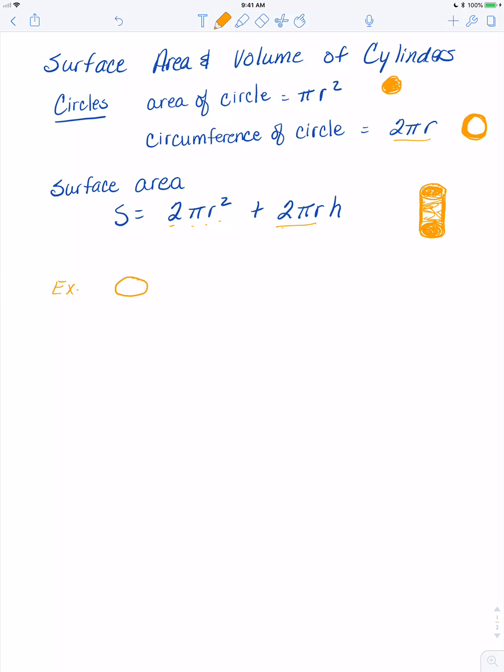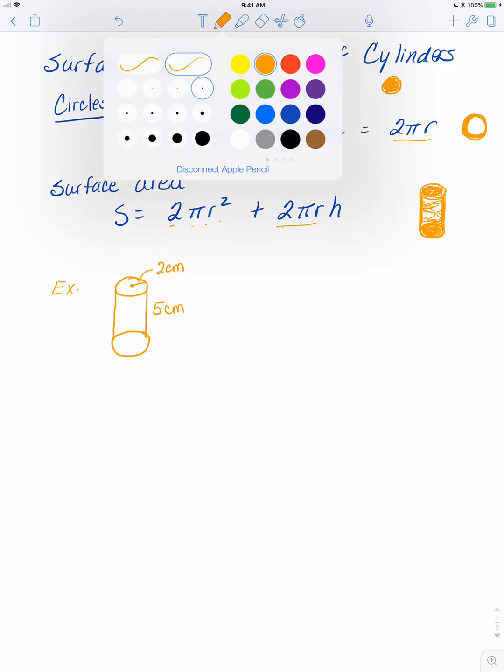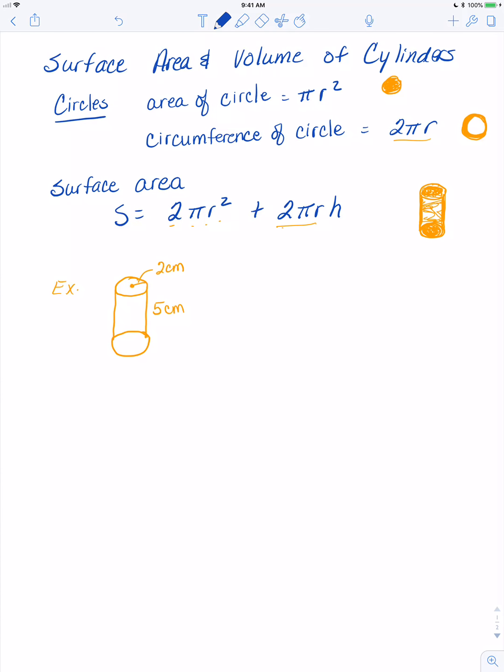I'm going to draw a little bit cleaner cylinder here. Okay, let's say this thing is 5 centimeters tall, and remember that radius from the center to the outside edge, let's just say that is 2 centimeters. All right, so we're going to take this formula for the surface area.